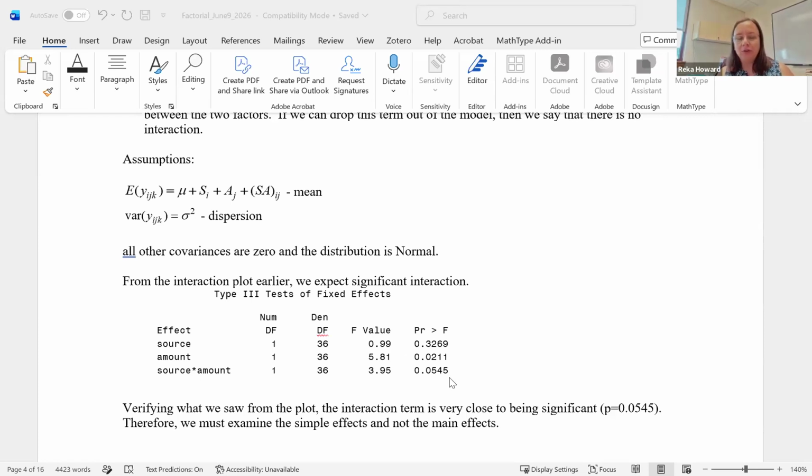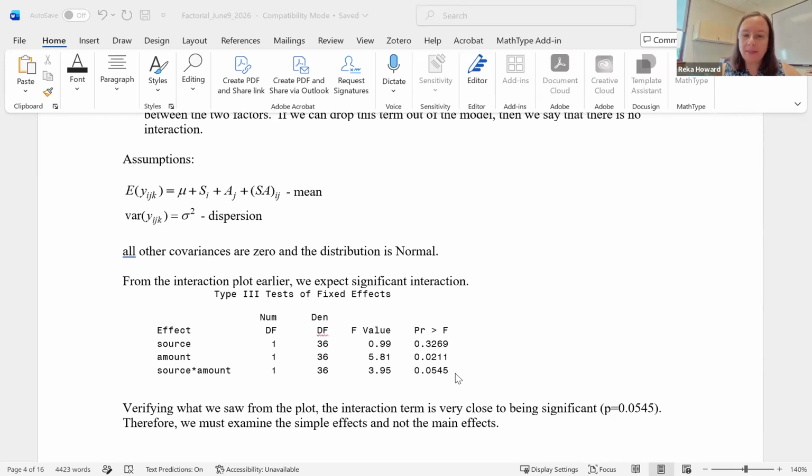But be very careful. This 0.05 is just a chosen number. So if it's really close to 0.05 and it's greater, be careful because you'd rather say that there is a significant interaction than not, and then ignore it and just average over everything. You should not average over the simple effects.